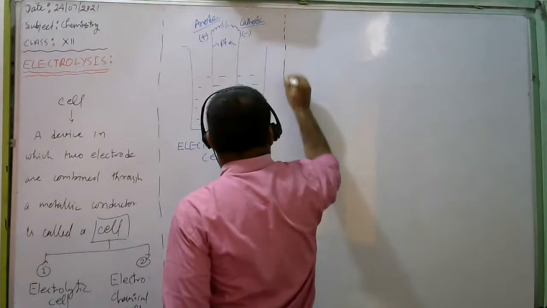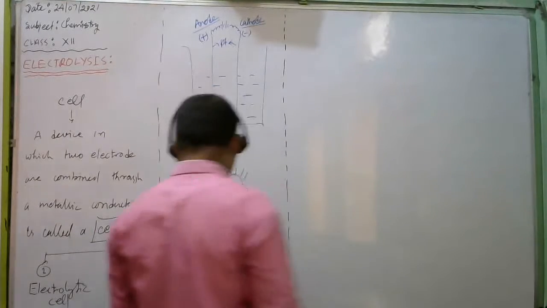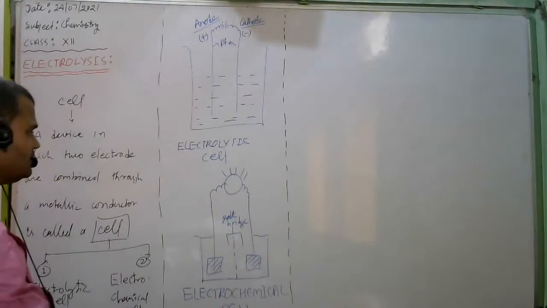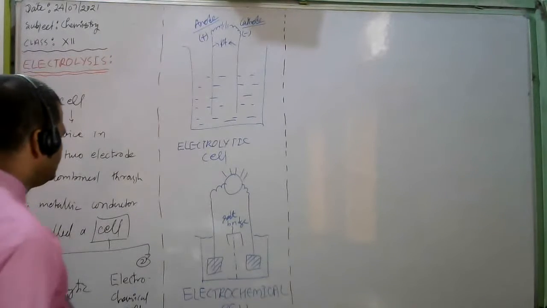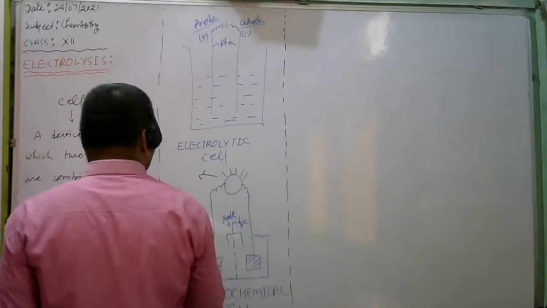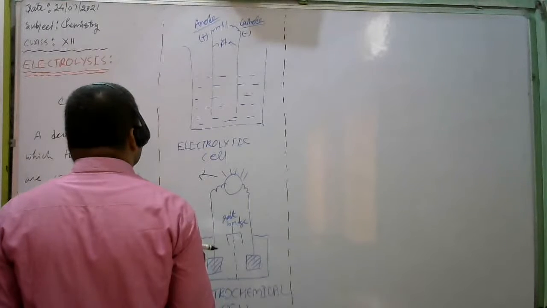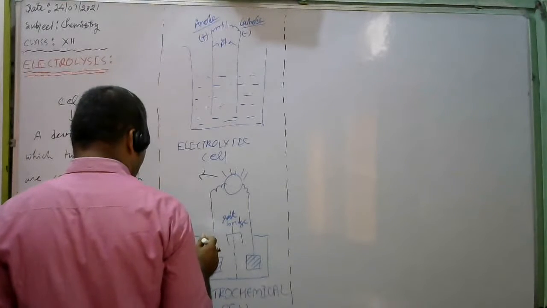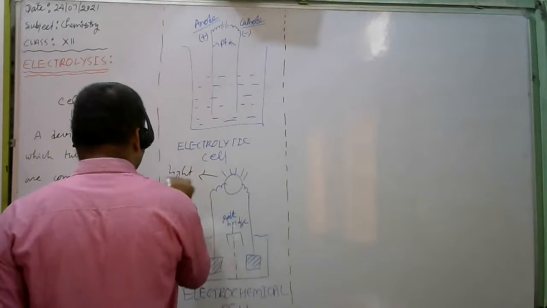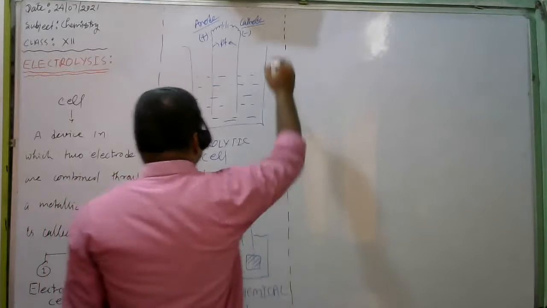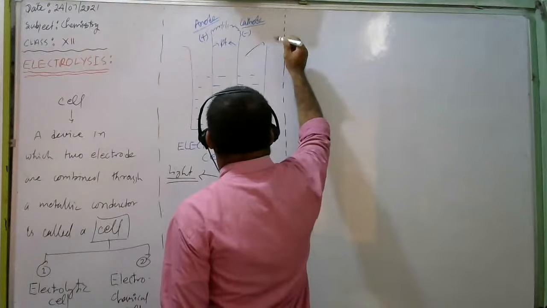Now, the electrochemical cell. This cell is for light purposes, and in this cell many reactions are carried out.